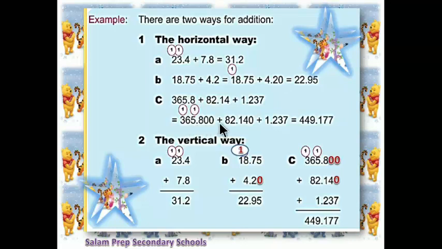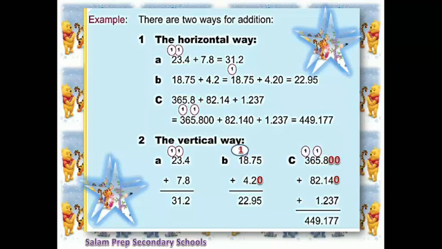Okay, so we need to put zeros to balance the decimal numbers like this: 365.800 plus 82.140 plus 1.237 equals. Now we can add. Please start with the digit on the right side.